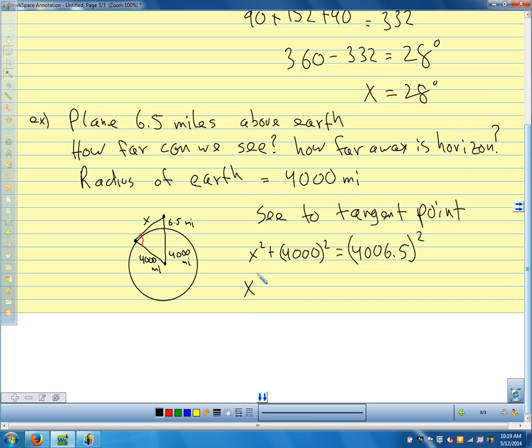So x squared plus 4,000 squared is 16 million, and this equals, and this comes out to 16,052,042.25.